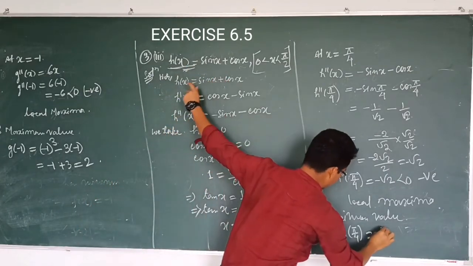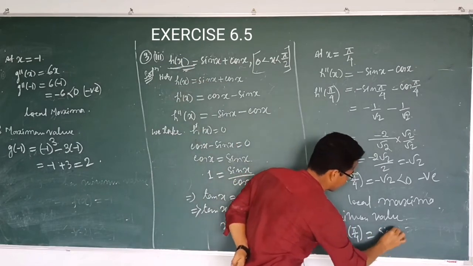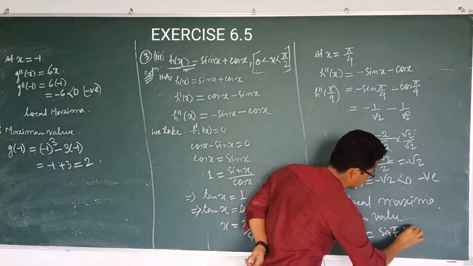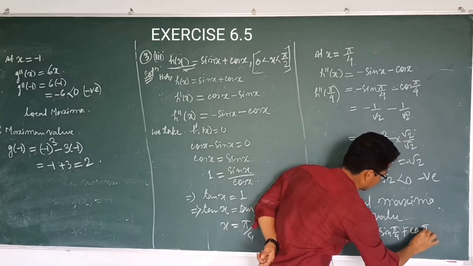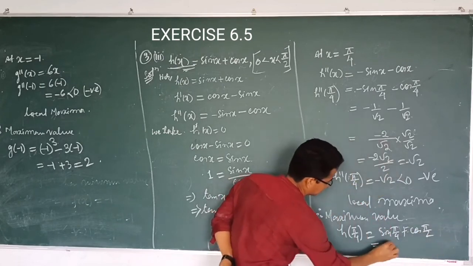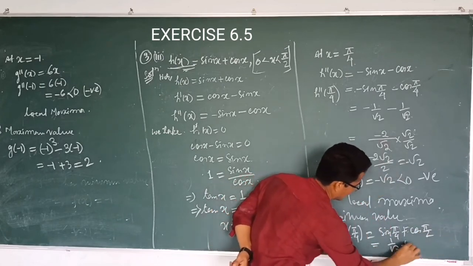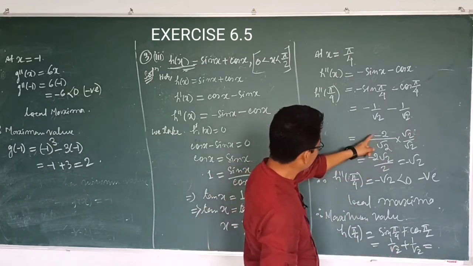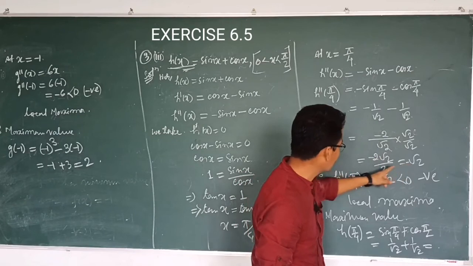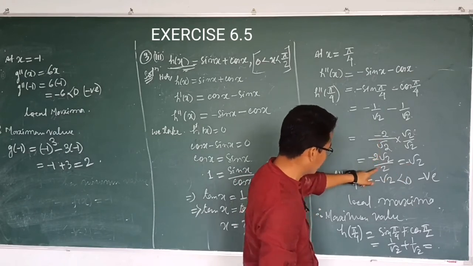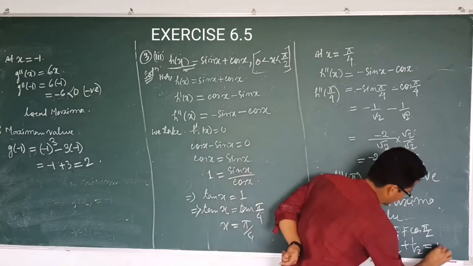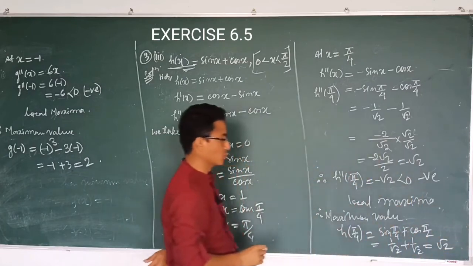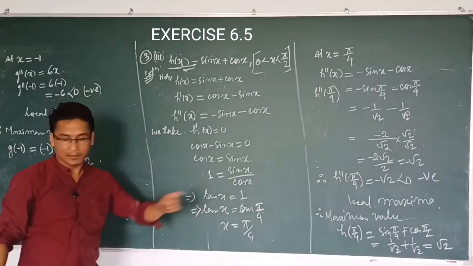So this is sin pi by 4 plus cos pi by 4, that is 1 by root 2 plus 1 by root 2. Here it is plus, so we will get 2 by root 2, which is root 2. Root 2 is our answer.